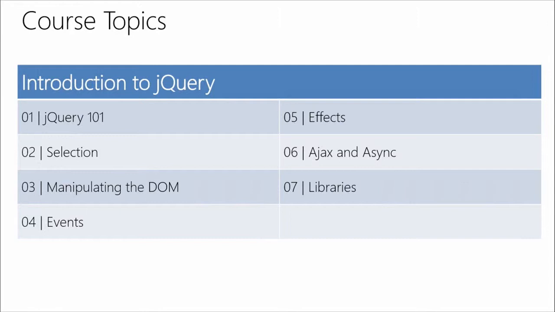And then more advanced topics: events, effects, Ajax, and libraries. So we move from the core parts into doing things like making sure it's cross-browser, making sure the events work across browsers, and then Ajax, because everybody loves Ajax. If any of these words don't register for you yet, that's fine. We'll explain them when we get there.